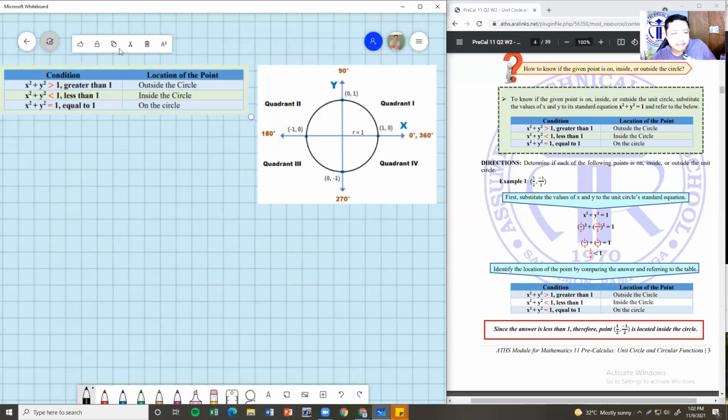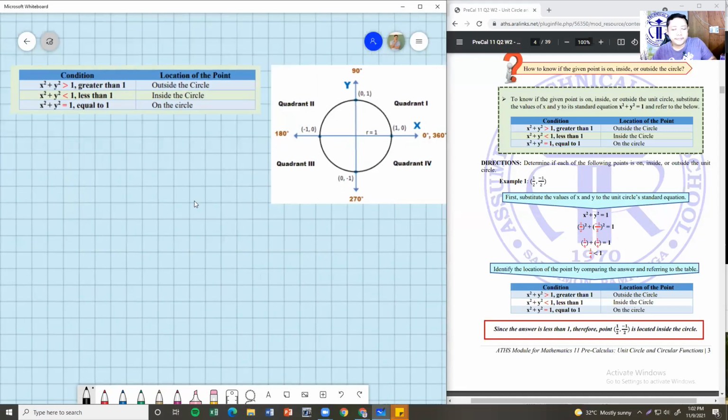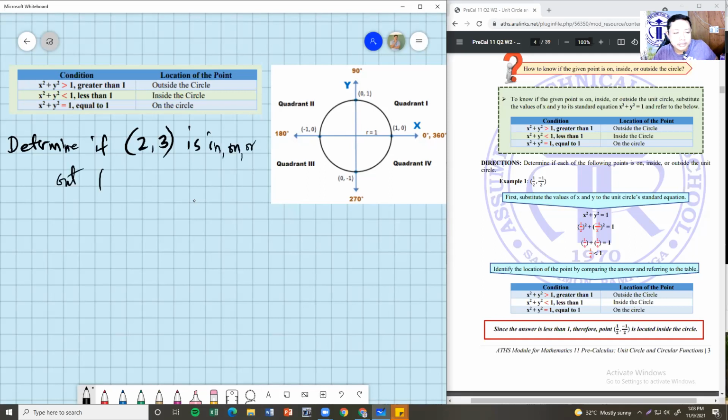Let's take a look at this. Okay. So, for example, let's determine if the point 2, 3 is in, on, or out the circle.